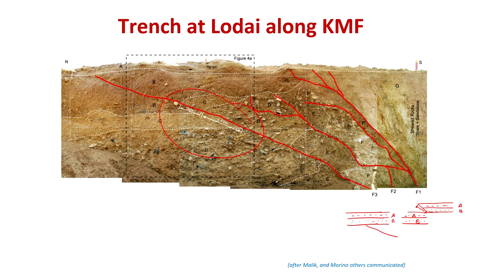So, we have measured the net slip between two units, between B and C, and then C and D. So, what we got and how we were able to justify that there were two events on this fault, or probably more than two, because we see the zone of deformation here also.